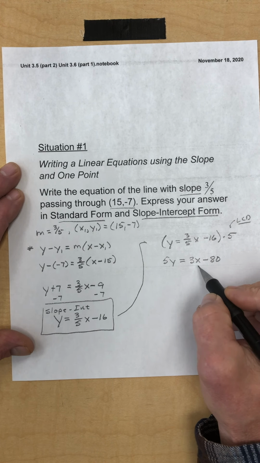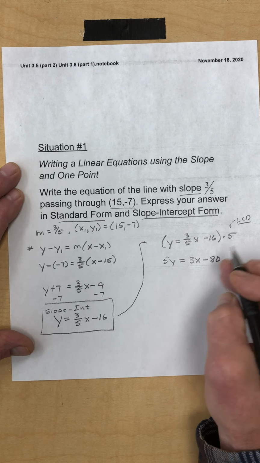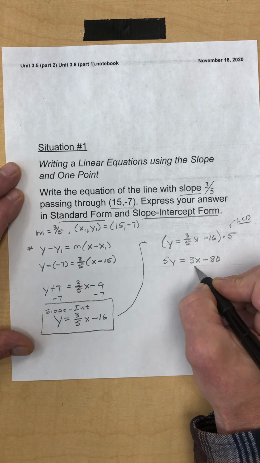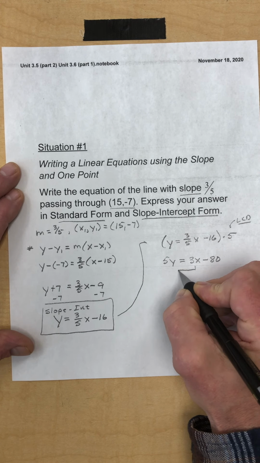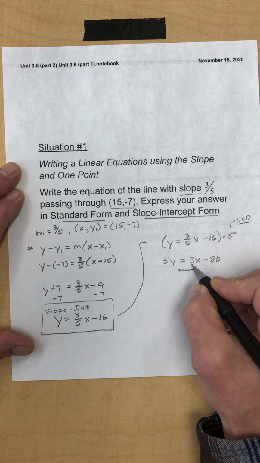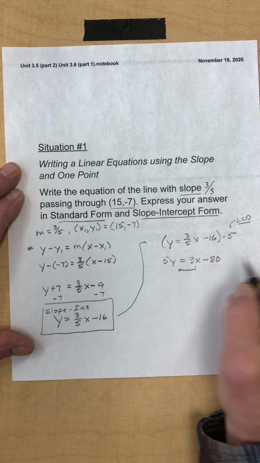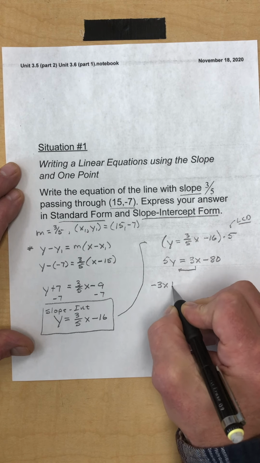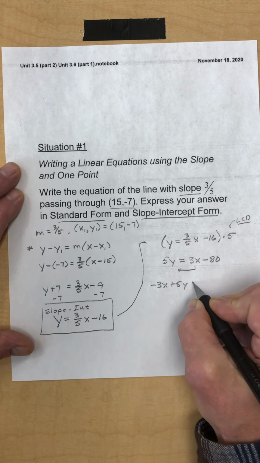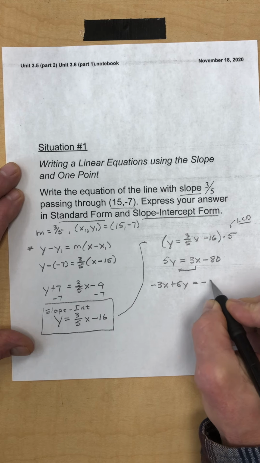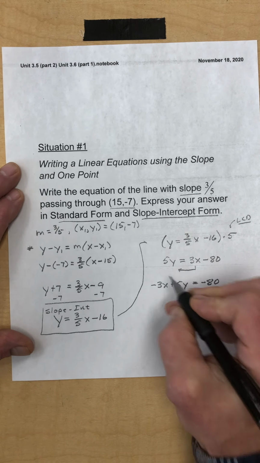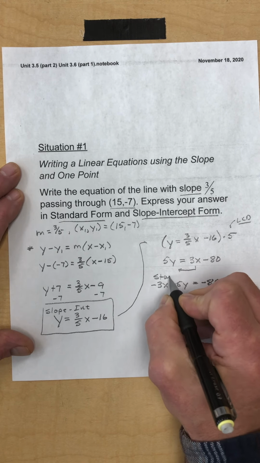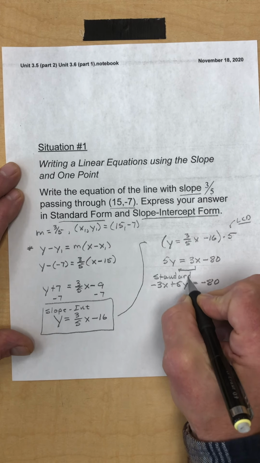Now I have to get the x and y on the same side. The y is already on the left, so just bring the x term over. It's positive here, so when I move it over it becomes negative. So I get negative 3x plus 5y equals negative 80. And that is my standard form.